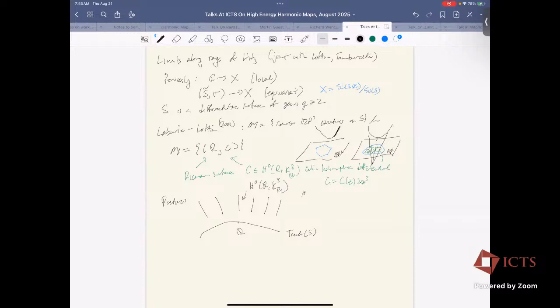So really, the whole moduli space gets depicted as a bundle of holomorphic cubic differentials over Teichmüller space. Okay.